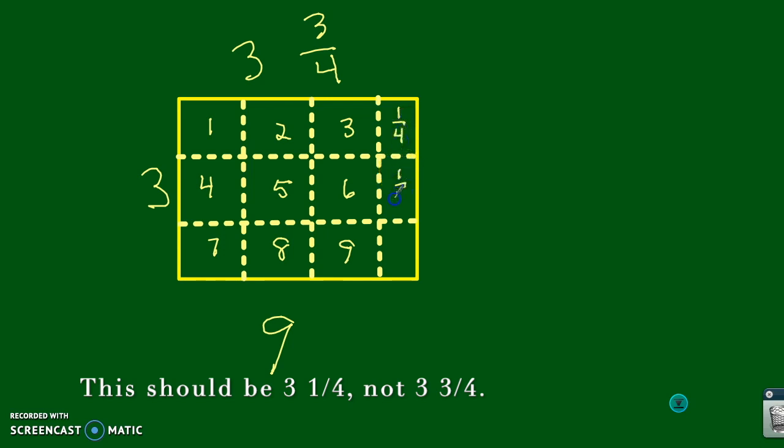Now it's not drawn the greatest, but we're going to imagine that this is drawn perfectly well. So these are 1/4 pieces: 1/4, 2/4, 3/4. So we have 9 whole squares and 3/4 of another square. So for this one, it's 9 3/4 units squared.